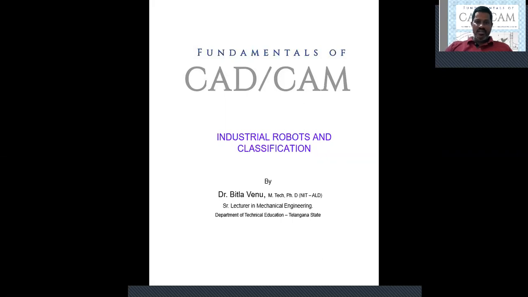Now let me move further to discuss some of the contents related to robotics and classification. In this session, we will discuss robots, an introduction to industrial robots, and how the robots are classified. Then we move forward to see the components of the robot and what degrees of freedom are.